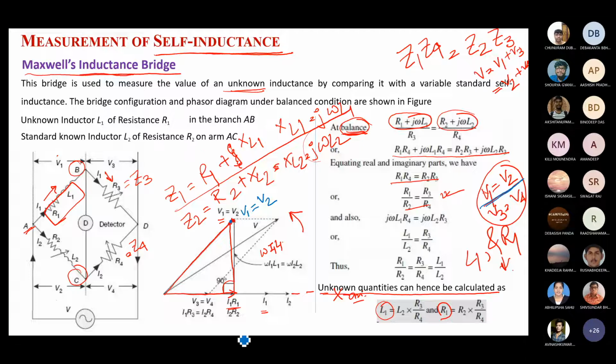V2 equals I2 into R2 plus j omega L2, which is I2 R2 plus I2 j omega L2. This is our V2.